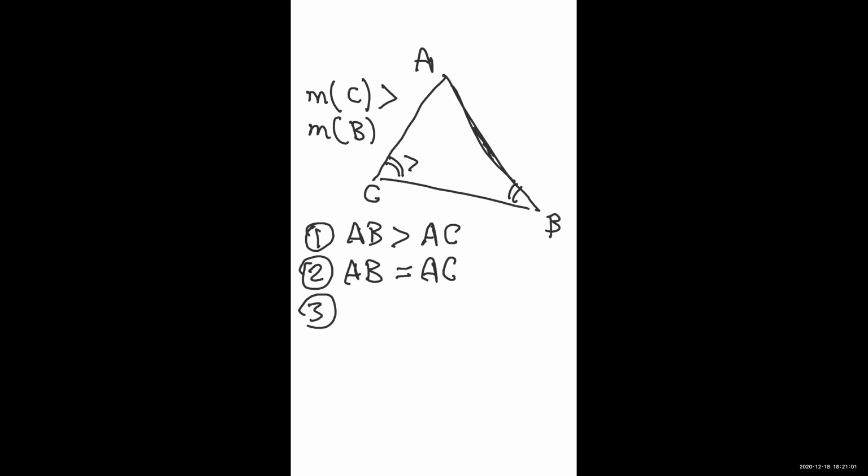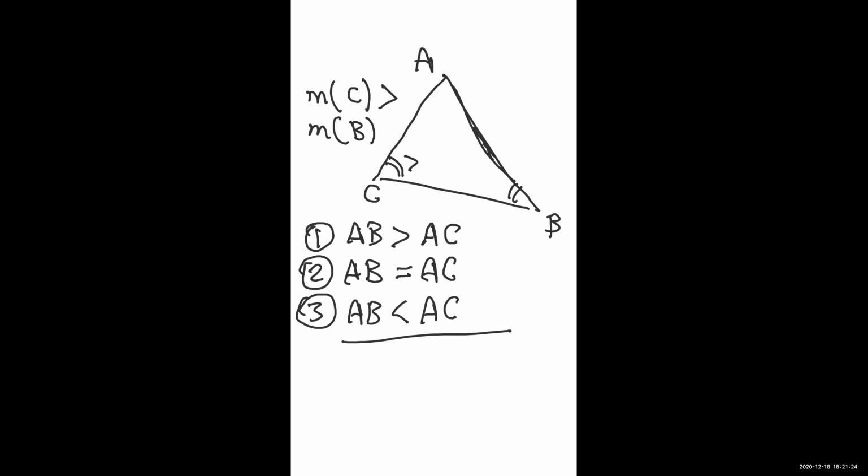The third case, AB is less than AC. Nothing more, only these 3 cases, right? So we have to study the 3 cases logically, because actually there is no scientific proof. So this is a logical proof.